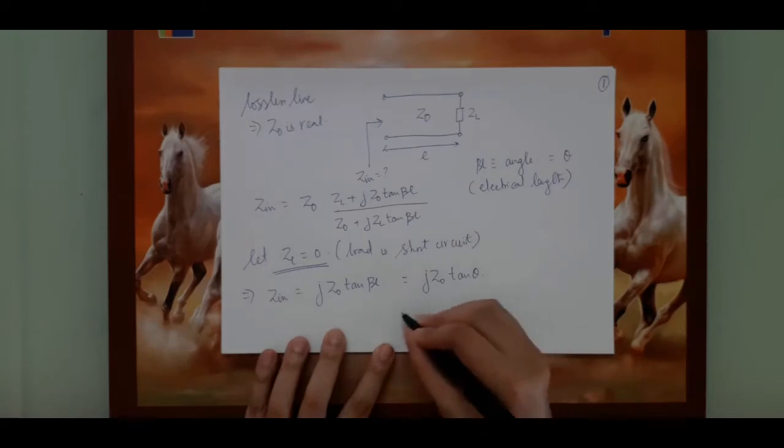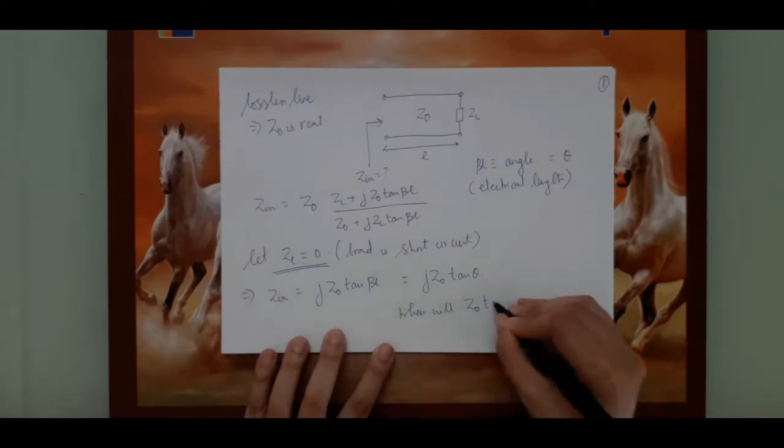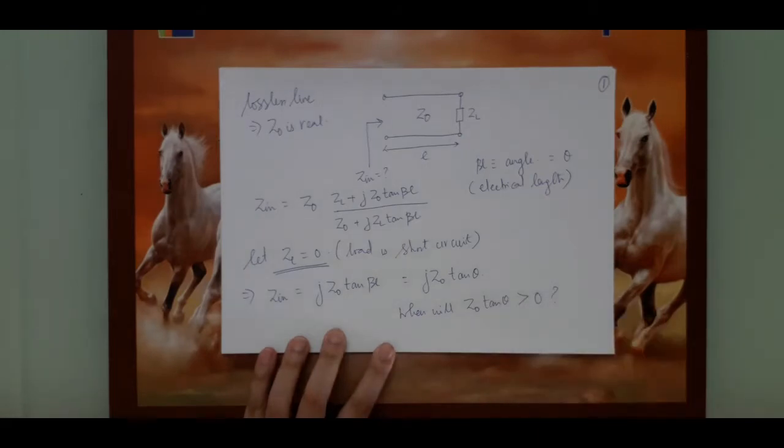So when will Z0 tan theta be more than 0? We know that Z0 is always positive because it is the characteristic impedance. Now what about tan theta?